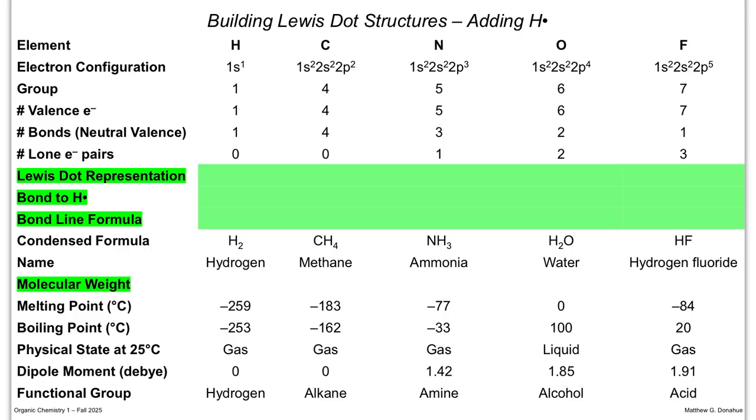So you add all the individual bond dipoles with some vector math, and you get a molecular dipole. So there are some trends we can talk about why this number increases. And then I mentioned functional groups. Hydrogen's a molecule by itself. It doesn't really have any other functional groups attached to it.